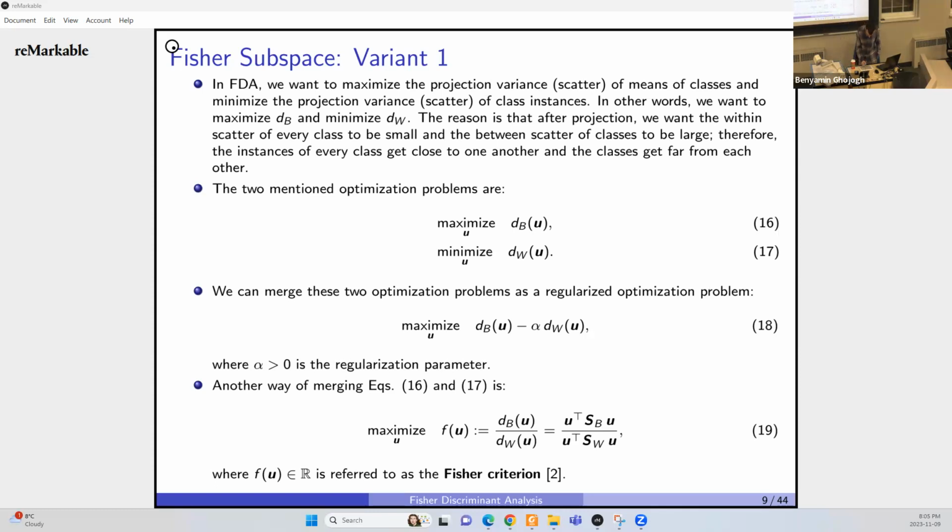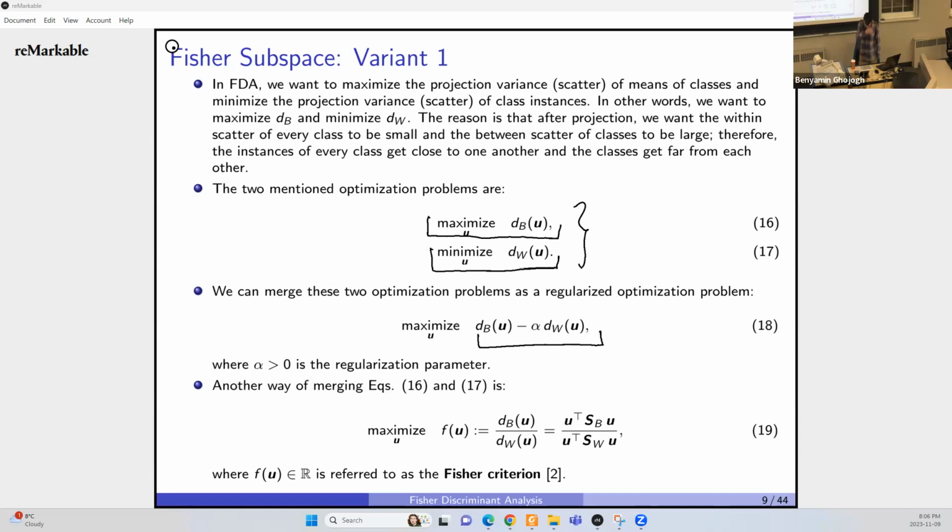So, as I said, we maximize between scatter and we minimize within scatter. Can I combine these two together? One way to combine them is to maximize dB minus alpha dW, because maximizing minus alpha dW is equivalent to minimizing dW. Alpha is some regularization term.